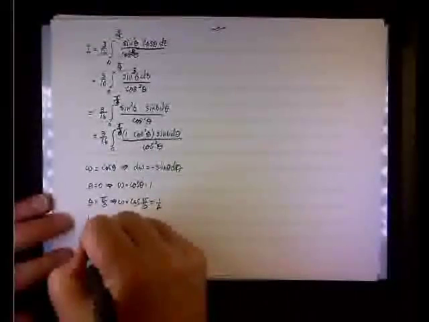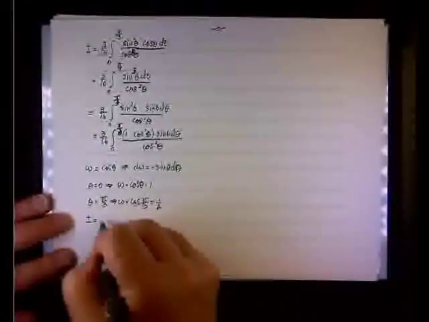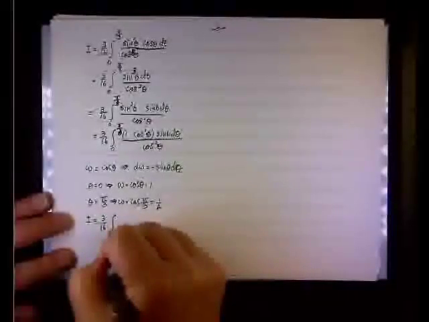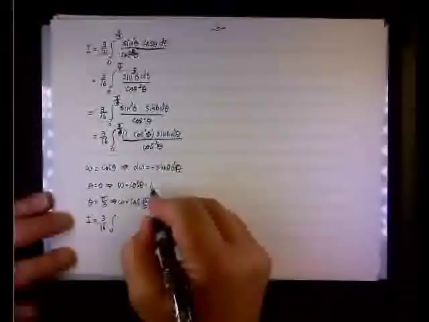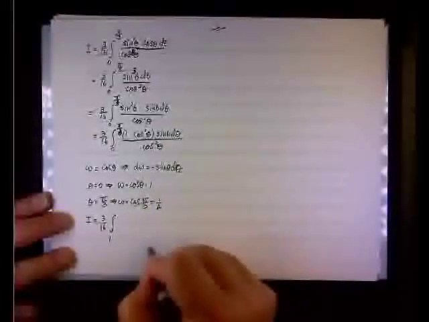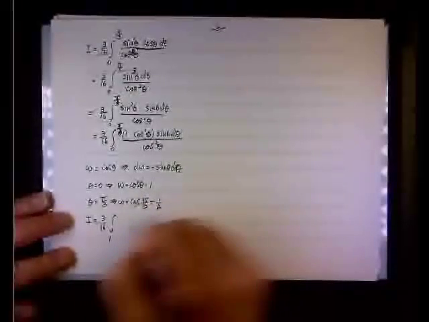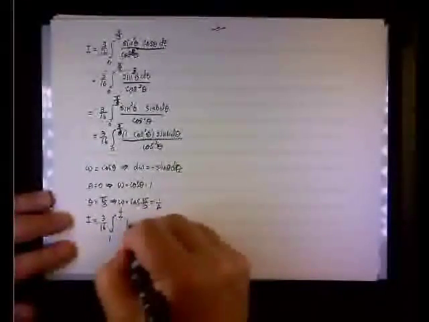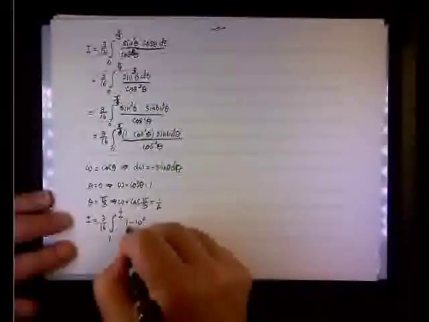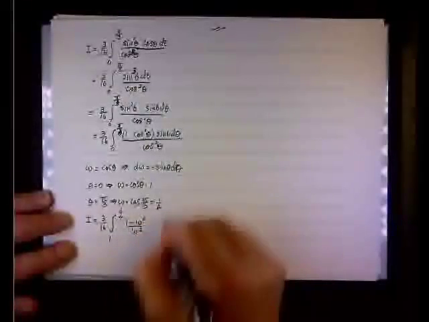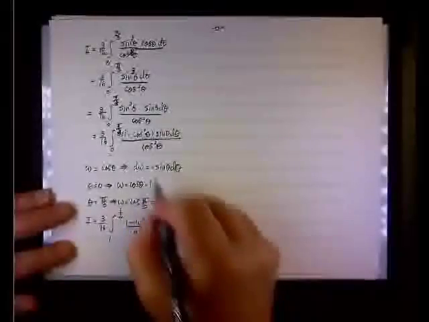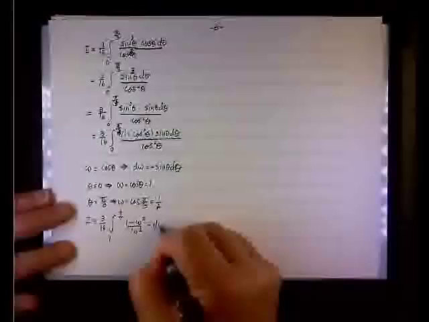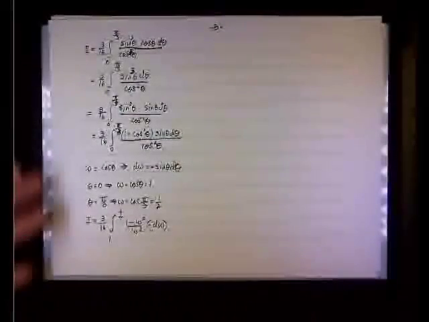And in the last form, the final substitution gives us 3 over 16 integral, instead of theta equals 0, we have W equals 1. Instead of theta equals pi over 3, we have W equals 1/2. And here we have 1 minus W squared over W squared. Since we have negative sine theta d theta, then we have negative dW, like so.